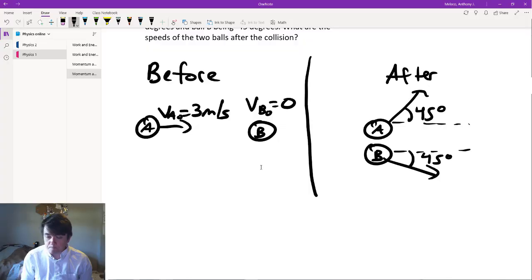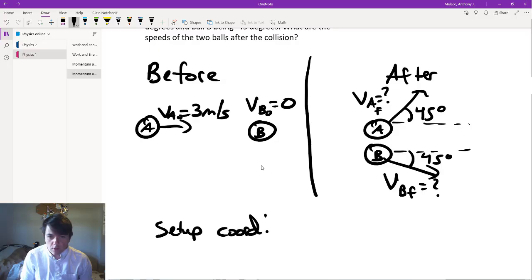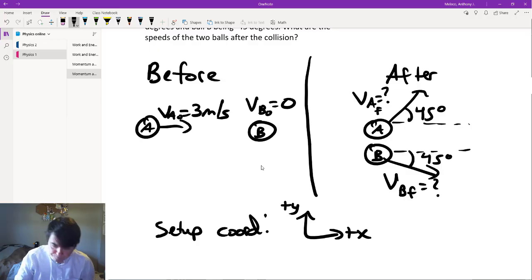At this point, for a 2D problem, you should set up, here's VBF, we don't know it, and VAF, and we need to know it. You should set up a coordinate system. So I'm going to set up coordinates, just a standard XY Cartesian.